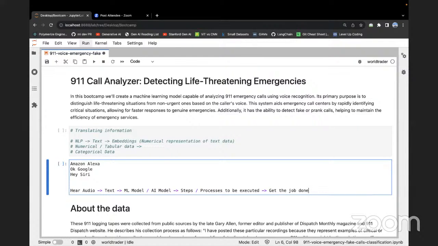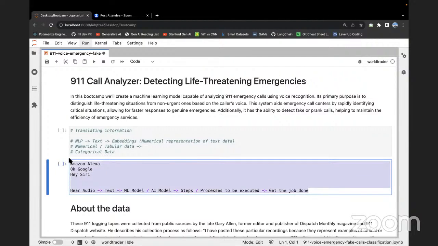For example, if I say, set an alarm at this particular time, it will automatically follow the instructions. Why? Because first it heard me, then it translated what I am saying into text, then it used the AI model, which is already built into the system. And then that AI model gave steps and processes to be executed by the executor, which is either Alexa or Siri or Google, and that helps you get the job done.